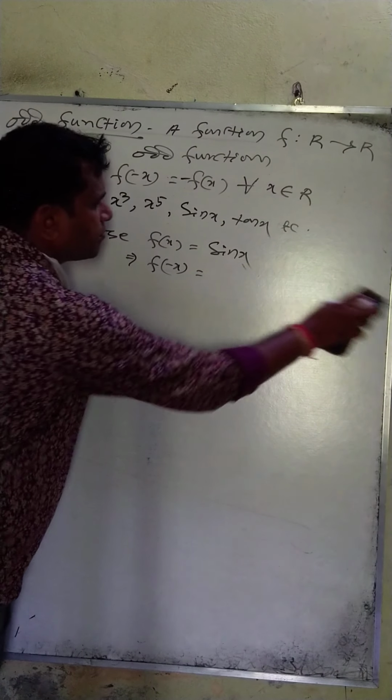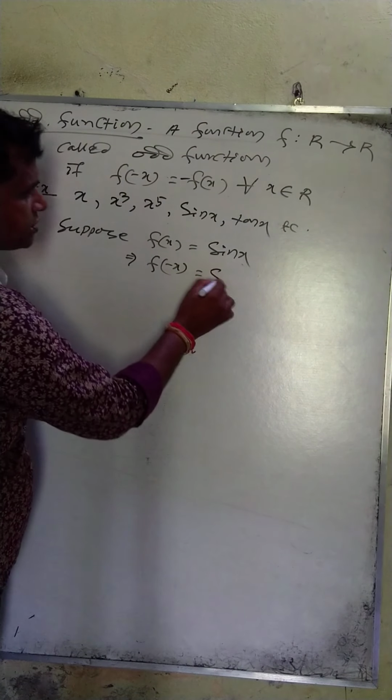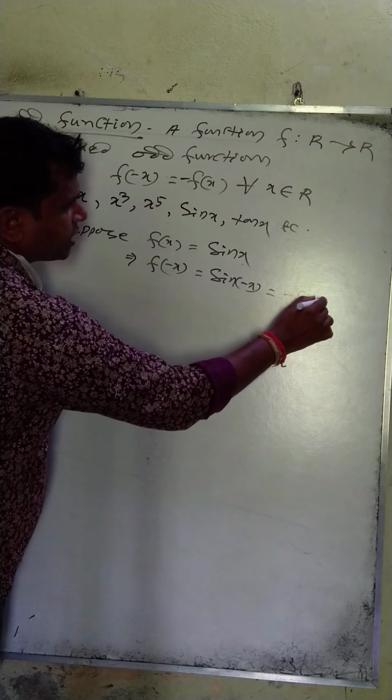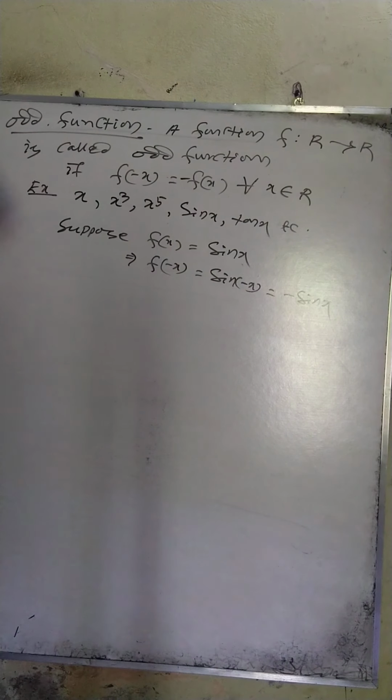F of minus x is equal to sin of minus x, minus sin x.